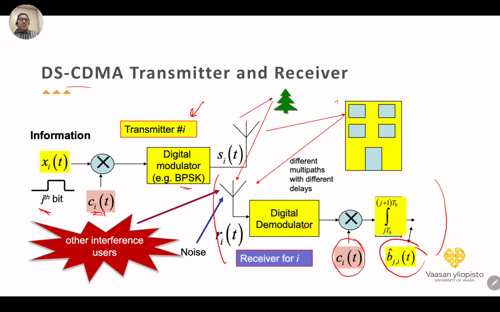So here b_j means bit number j of user i, with the hat, because this is not only the transmitted bit but can also be corrupted by the multipath, by ISI, and by the other interfering signals.